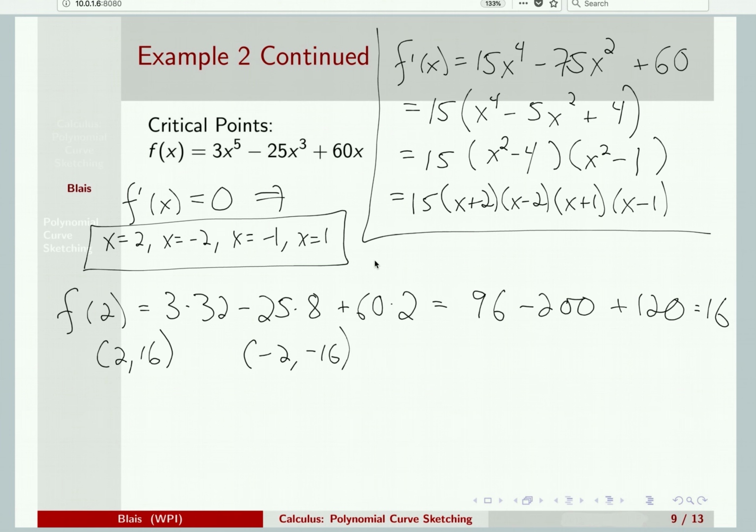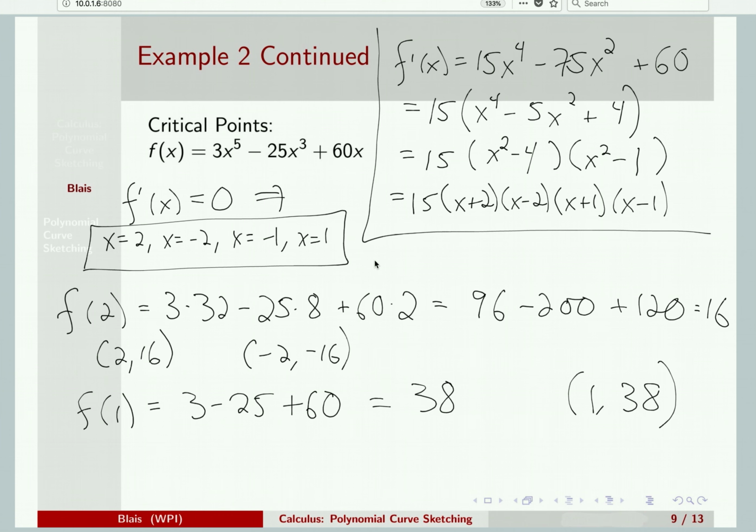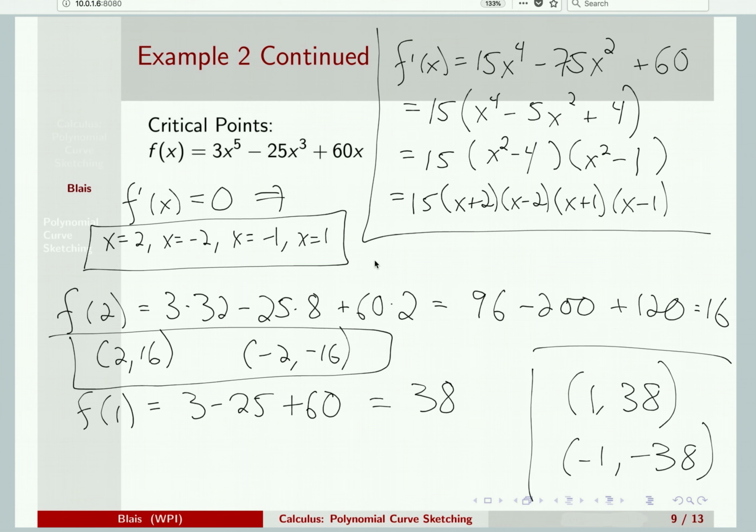And then when we plug in 1, we get 3 minus 25 plus 60. 60 minus 25 is 35, plus 3 is 38. So that gives us (1, 38). And similarly, when you plug in x equals minus 1, you'll get the negative of this. So we get (minus 1, minus 38). So those are our 4 critical points for this function.